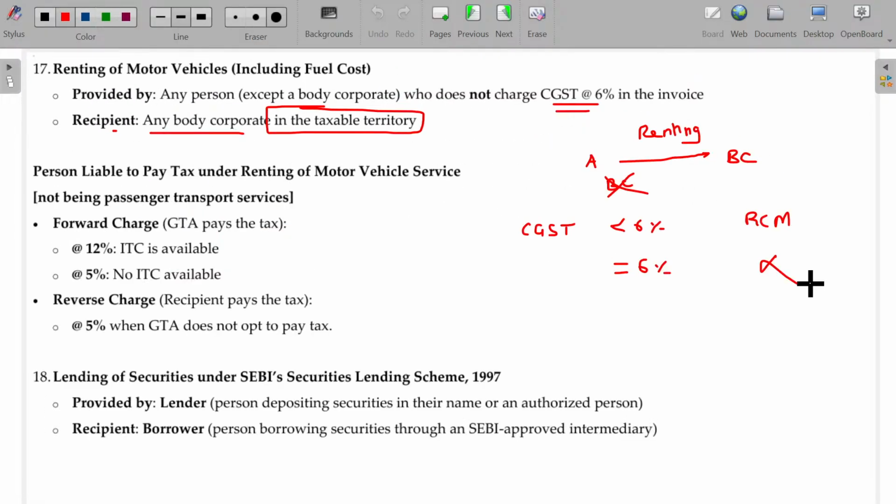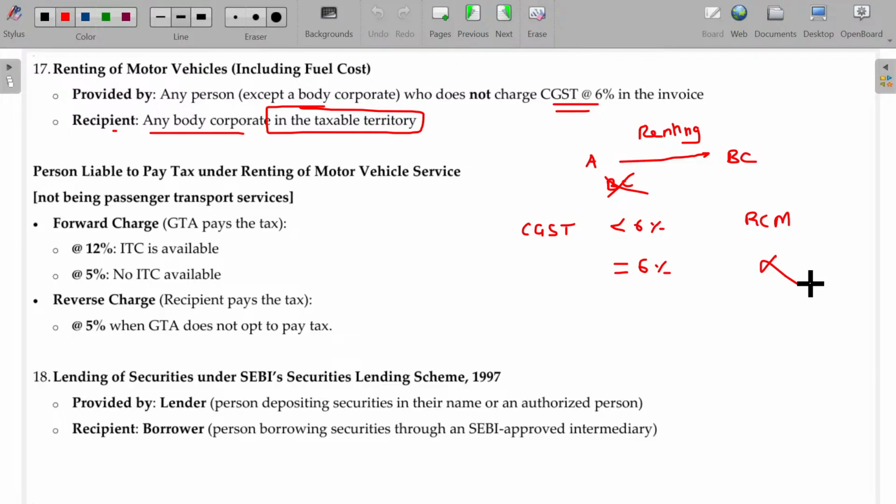But if you are not a regular taxpayer, or you are paying the tax at composition rate, meaning a small number, the recipient is not eligible for ITC. You are not paying 18%, you are paying only 2% or 3%, or in case of the service industry, only 6%.